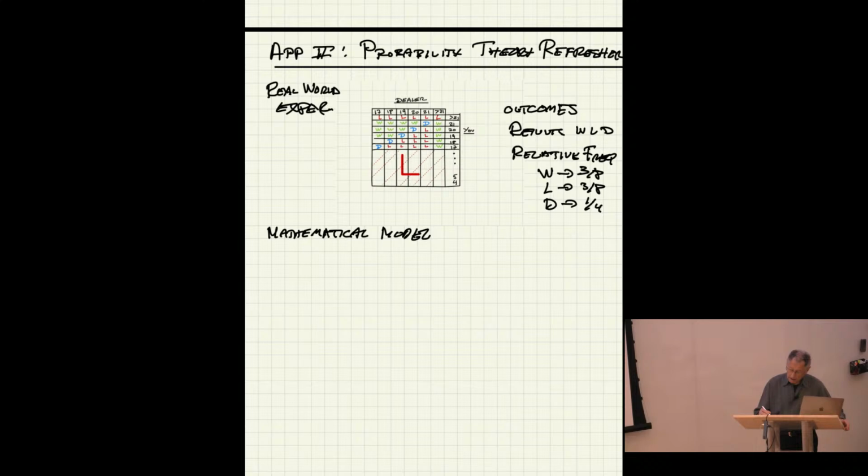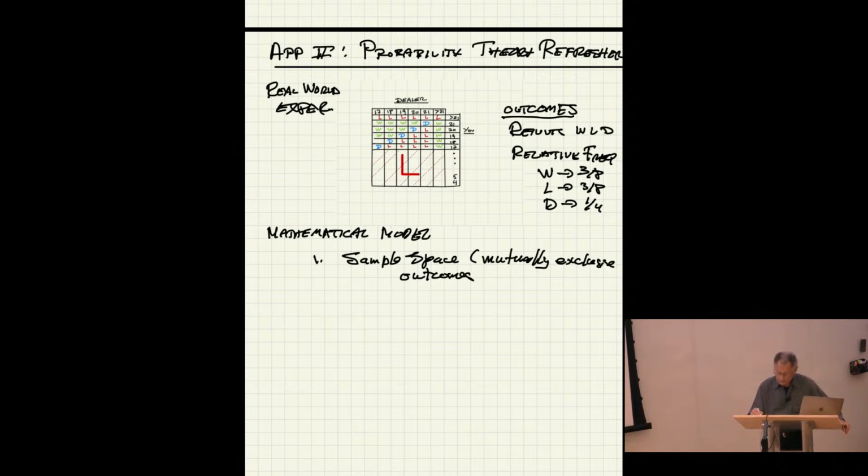And the mathematical model contains a few things. First, it contains something called a sample space. And usually these are mutually exclusive outcomes. And I'm using the word outcomes here in particular because I was using the word outcomes up here.